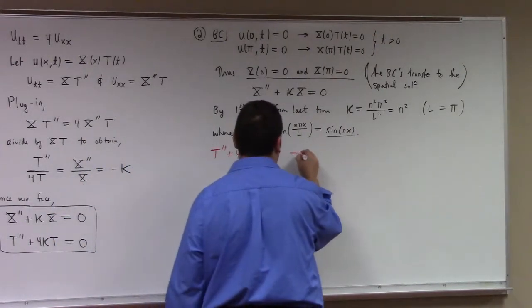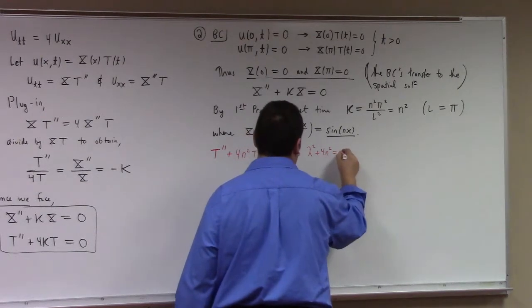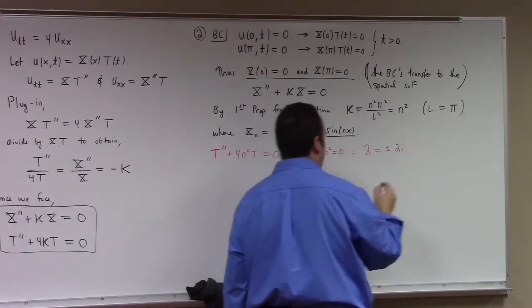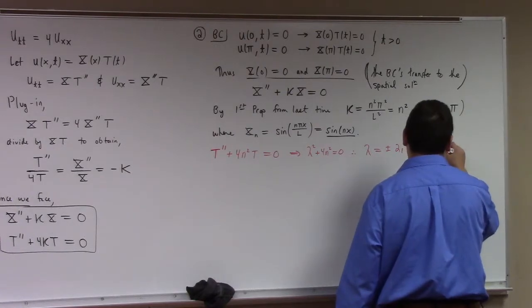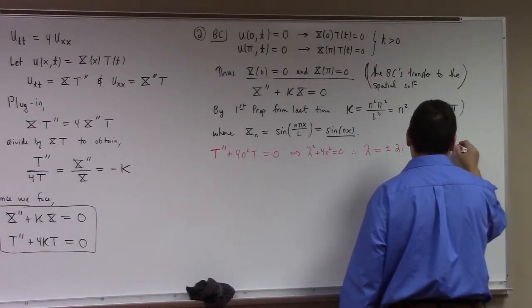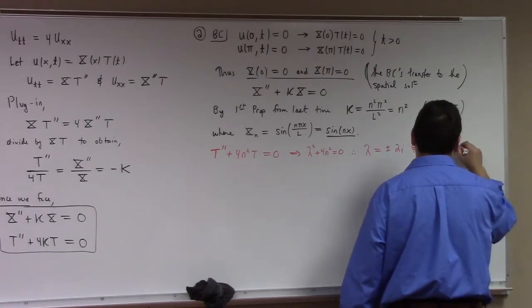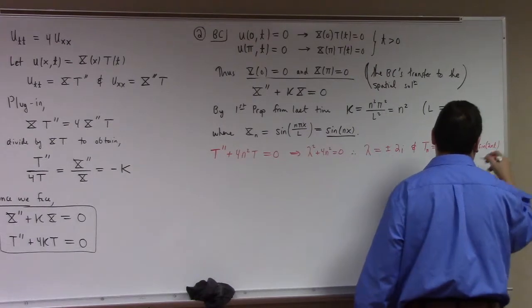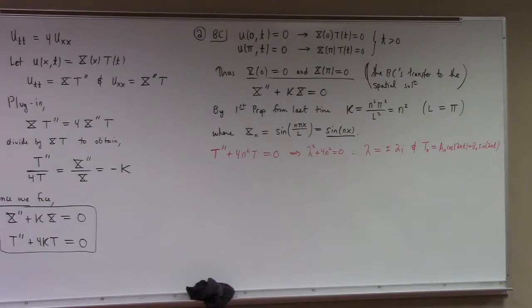So this says lambda squared + 4n squared = 0, so lambda is equal to plus or minus 2i, and that gives me T_n = a_n cos(2nt) + b_n sin(2nt). Something like that would be my temporal solution.